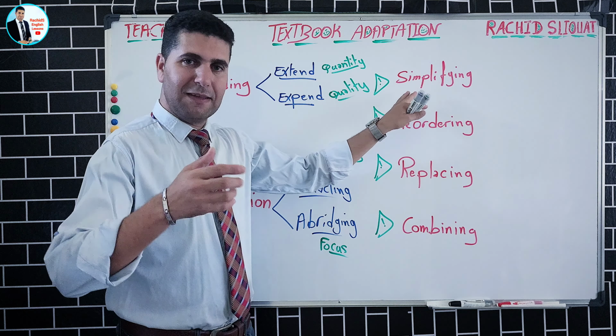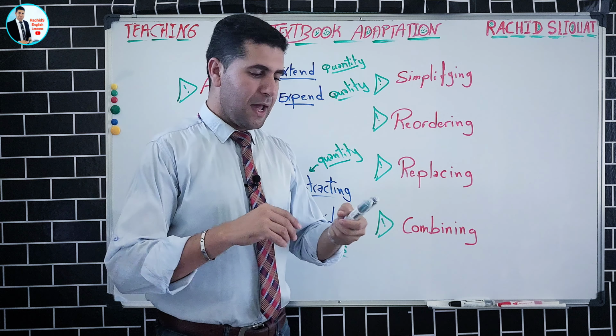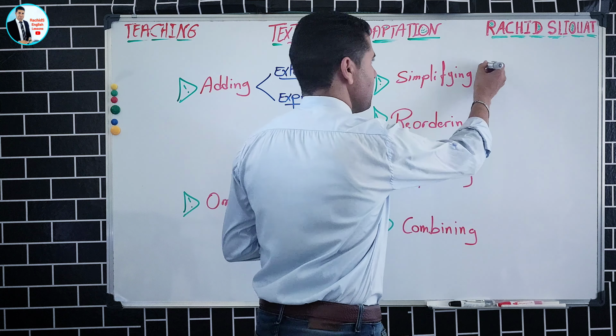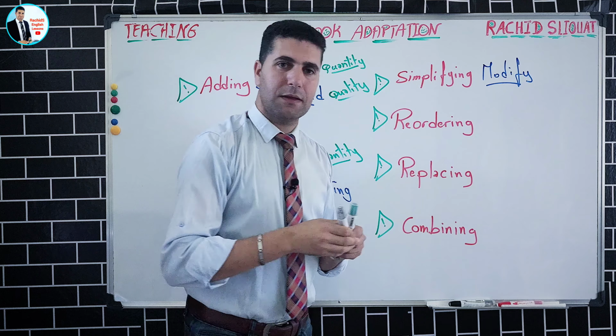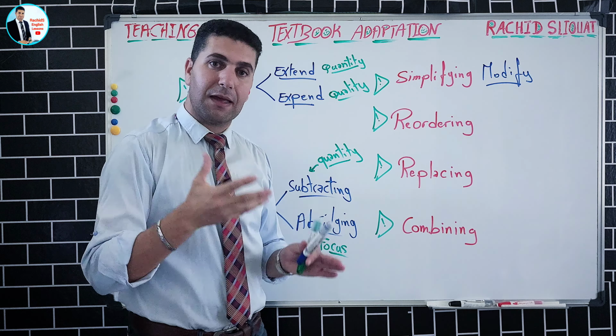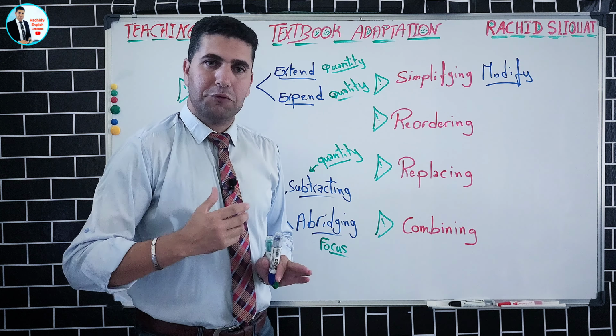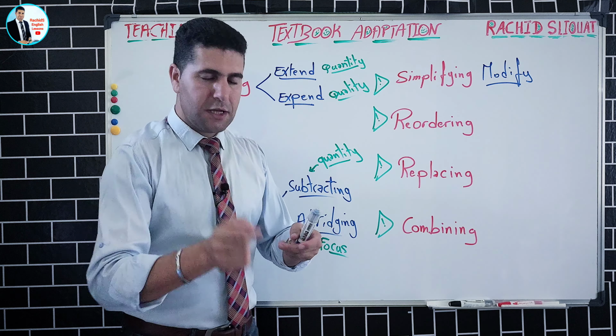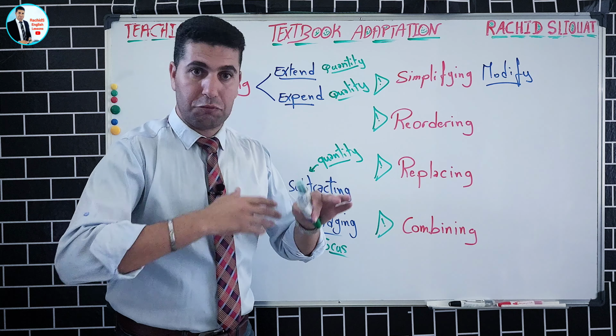So simplifying is another strategy which is very important, and it can be considered as modifying. So you modify the items, you modify the course, you modify the text, etc., to be simple, to be easier for students. And here you can reword. For example, you can rewrite.